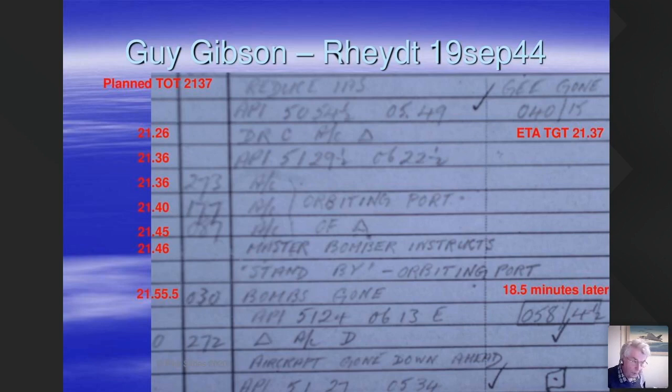So Master Bomber got them all orbiting to the port around the area of the aiming point. And eventually they got it all sorted out, and he called them in to bomb. But they were supposed to bomb at 21:37. You can see it on the right. They actually bombed at 21:55.5.